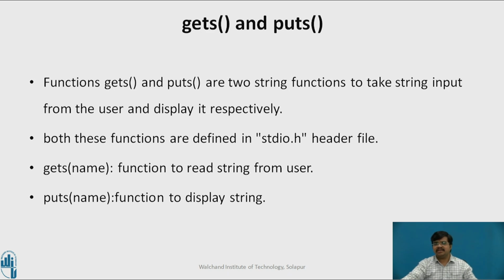The first function is gets, where the name is the name of the string, so you can write any name here. It is the function to read a string from the user. Puts will be used to display the string. So if you compare, gets is similar to scanf, and puts is similar to printf.